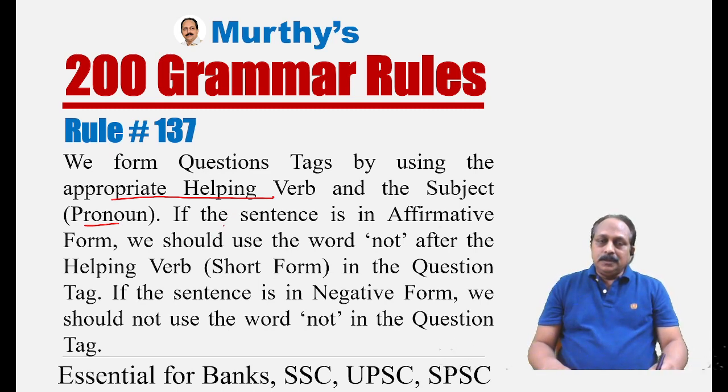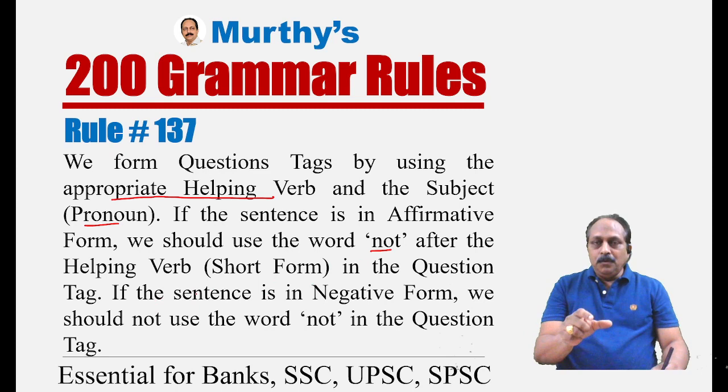Already you have learned, according to one classification, three types of sentences: affirmative, interrogative, negative. Here you have to focus on affirmative and negative. If the sentence is in affirmative form, we should use the word not in the question tag after the helping verb, but you have to use a short form. Here, what is the first dimension? If the sentence is in affirmative form, we should use the word not after the helping verb.